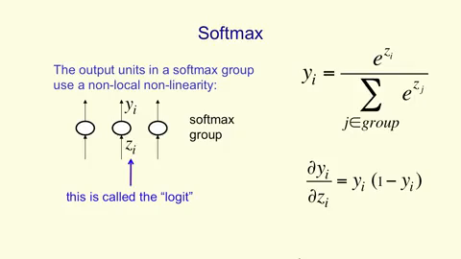And it turns out that you get a nice simple form, just like you do for the logistic unit, where the derivative of the output with respect to the input for an individual neuron in a softmax group is just yi times 1 minus yi. It's not totally trivial to derive that. If you try differentiating the equation above, you must remember that things turn up in that normalization term on the bottom row. It's very easy to forget those terms and get the wrong answer.